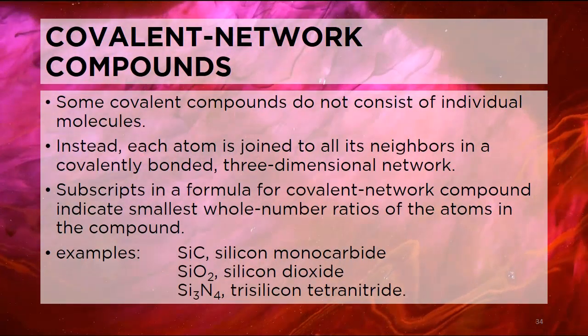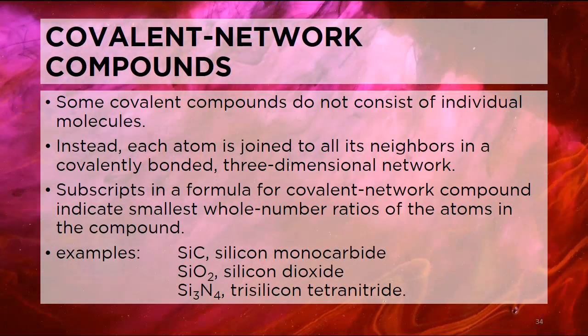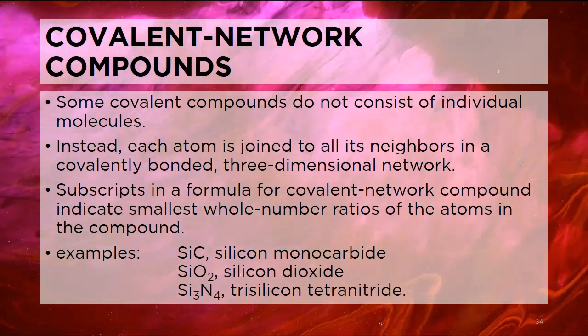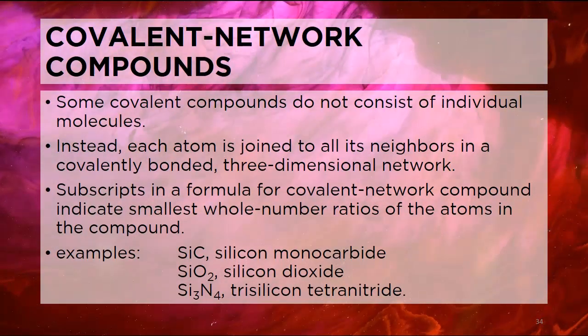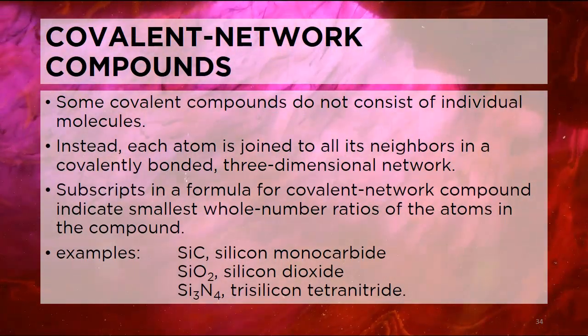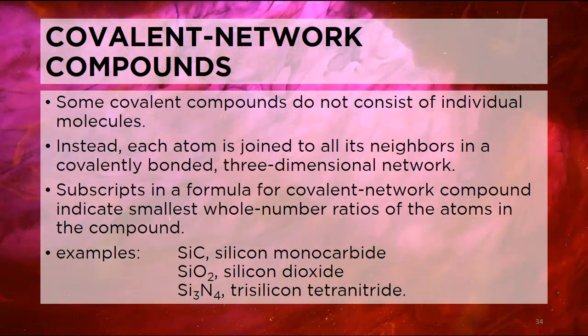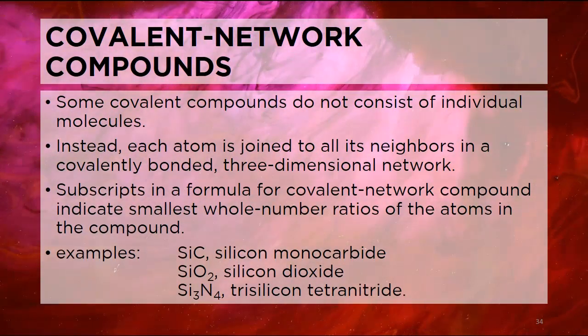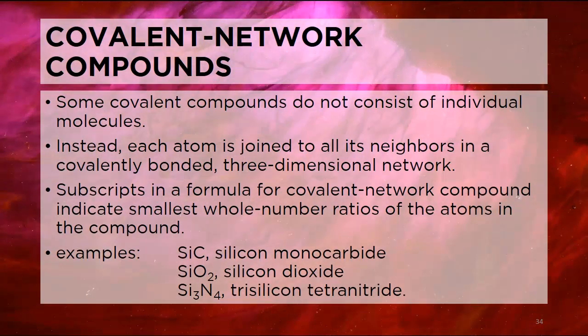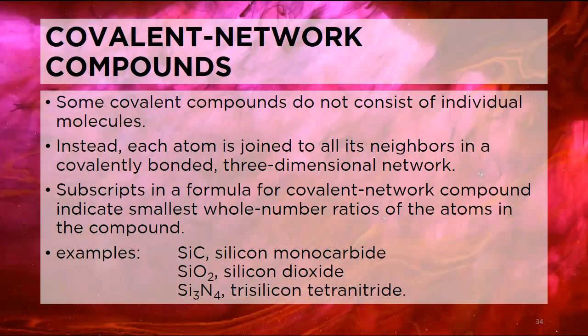Sometimes you might have noticed with building the molecules, you could at times keep going and going and going because similar to ionic bonds, there are some covalent compounds that exist more as a 3D network versus just a singular molecule. And again, we're just going with the simplest ratio.